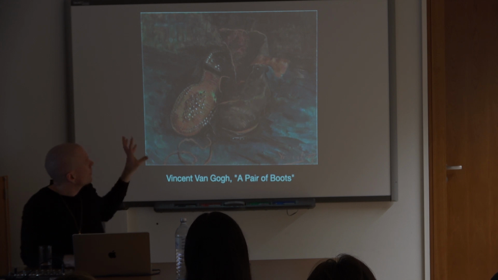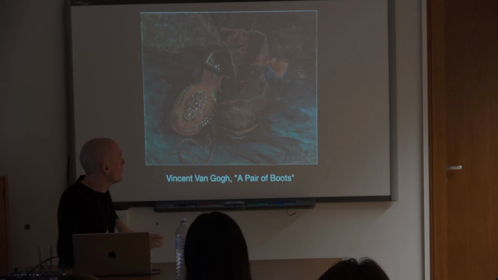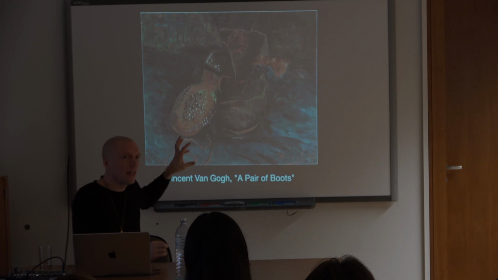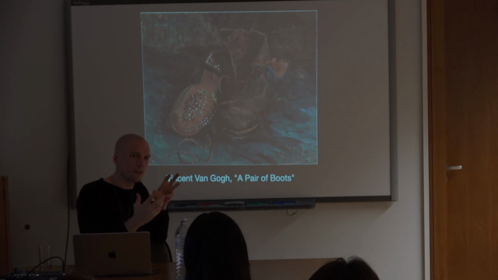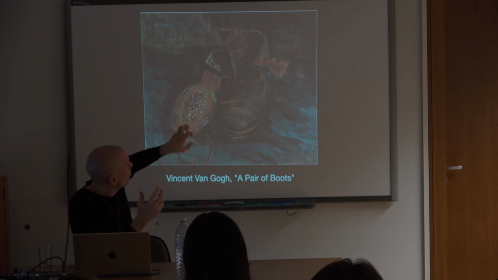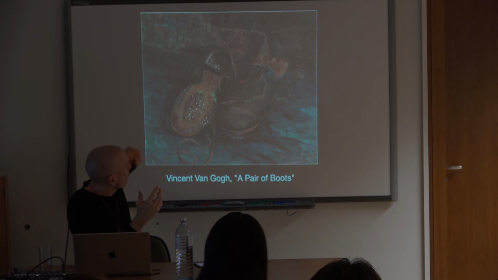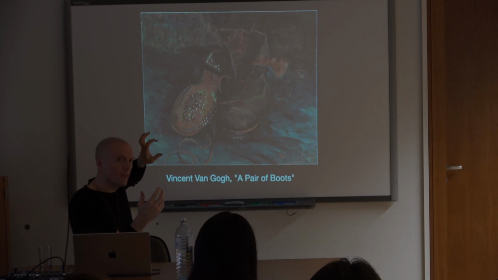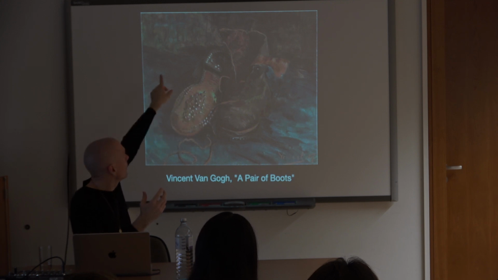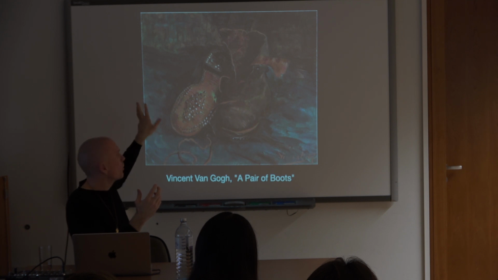What really struck me in relation to my work with regards to these two paintings is that this painting implicates the viewer in a way that the painting is organized around the centrality of the viewer. So the way the viewer is looking at it is organizing the painting, in the sense that the boots are in the center, there's a nice frame around it, and so forth.